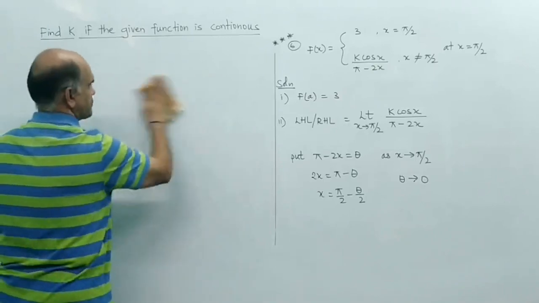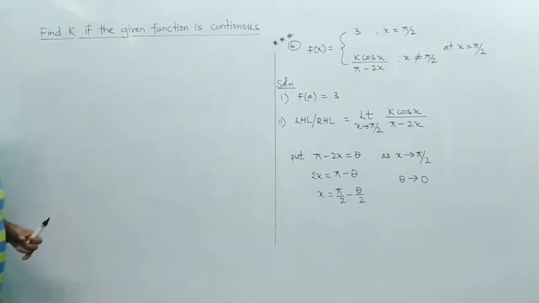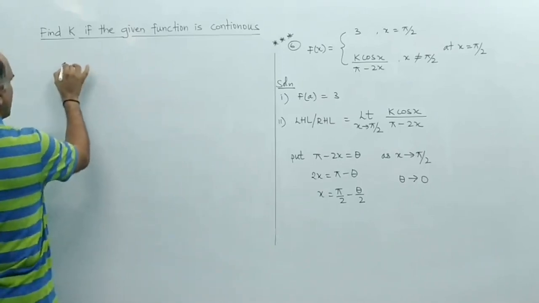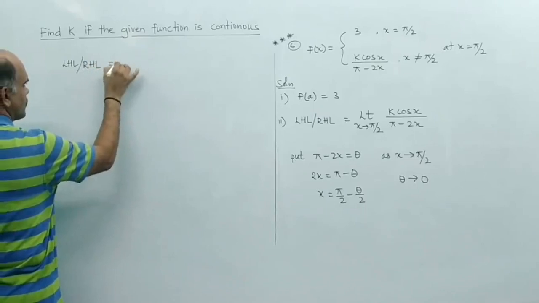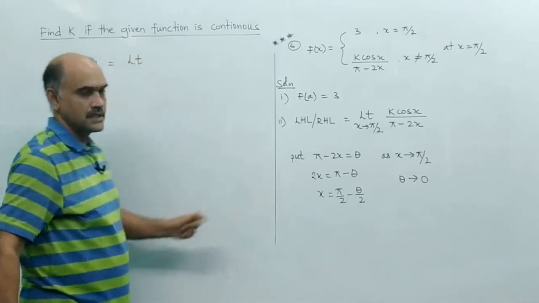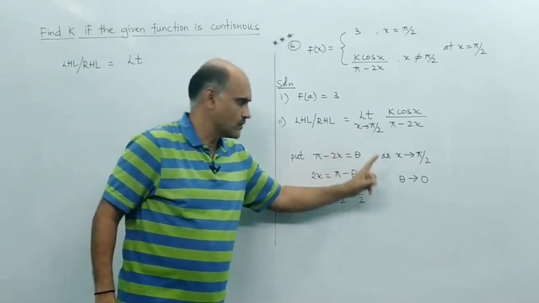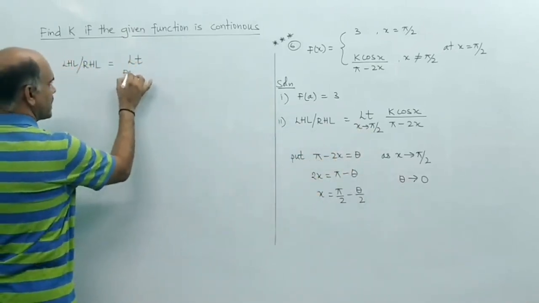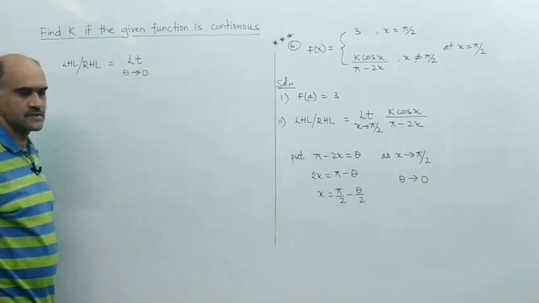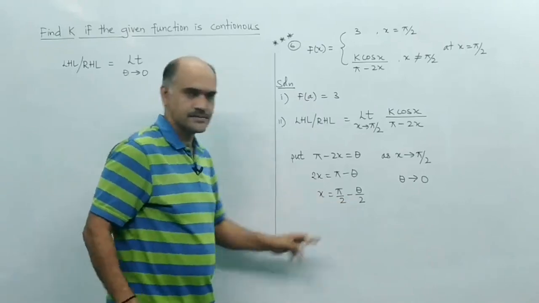So now if I substitute, I will get LHL or RHL is equal to limit theta tends to 0, as x tends to pi by 2 goes and theta tends to 0. K as it is, in place of x you substitute this.